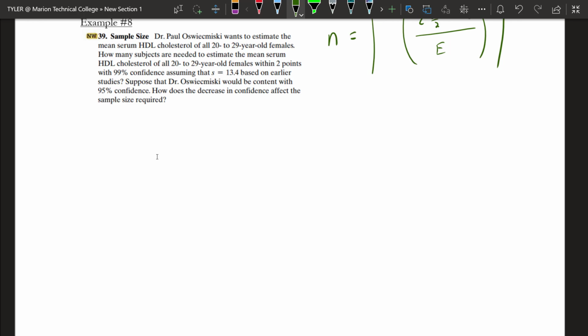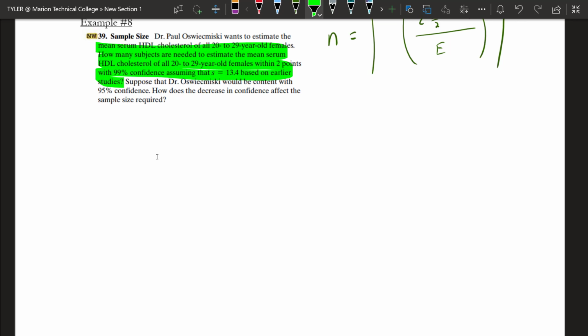How many subjects are needed to estimate the mean serum HDL cholesterol of all 20 to 29-year-old females within 2 points with 99% confidence, assuming that S equals 13.4 based on earlier studies, right? So that's the first question, so let's stay here with this question.